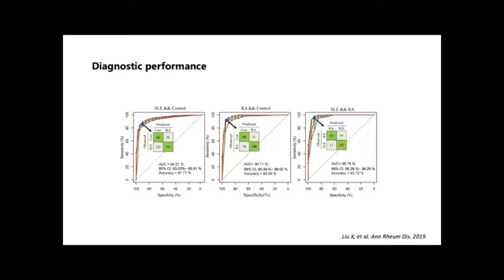The AUC value can be more than 94%, so the performance is pretty high, including sensitivity and specificity. Regarding the RA and the controls, the AUC value is also pretty high. This is the RA and control performance. And we can also efficiently classify SLE from RA using our identified disease-associated clones.